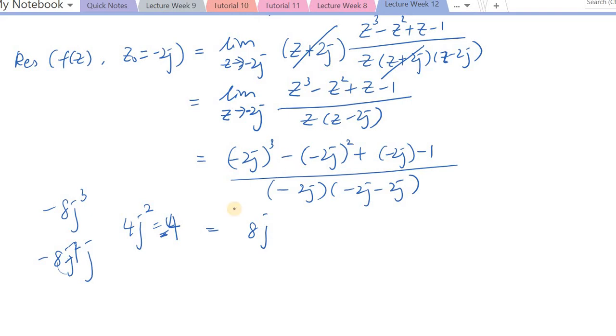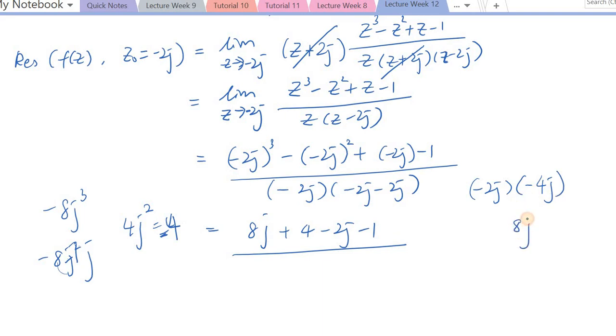So you have minus negative 4, you get plus 4. Then I have minus 2j minus 1, and for this part you have negative 2j multiplied with negative 2, negative 2, so you get negative 4j. So I get positive 8j squared, and j squared equals negative 1, so here you get negative 8.